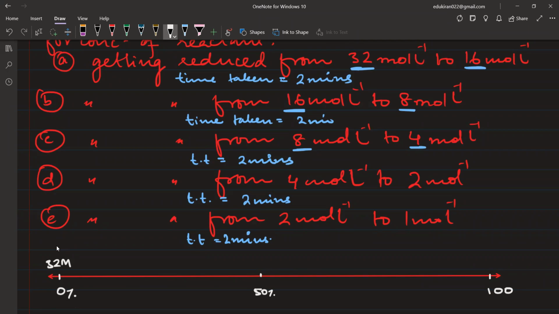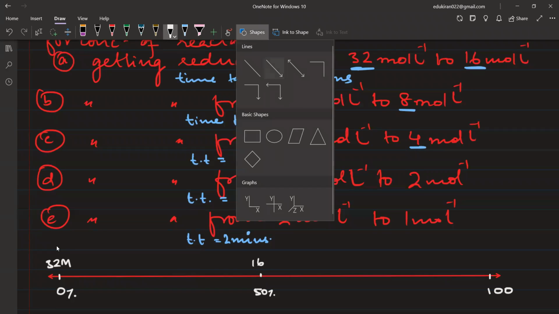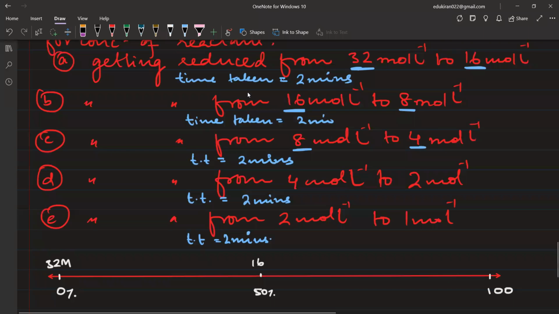Yes, sir. सही है? ओके. 50% means 16. So this much, it took how much time? 2 minutes. Very good. This took 2 minutes.